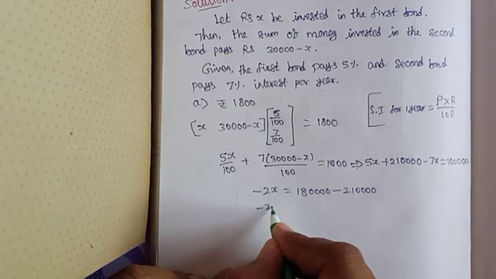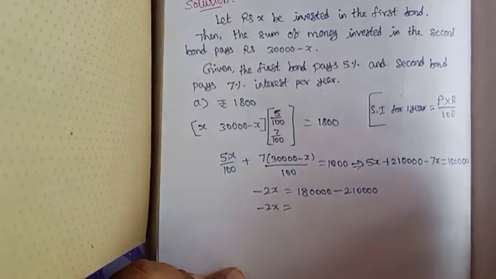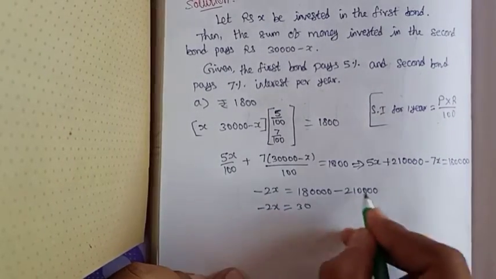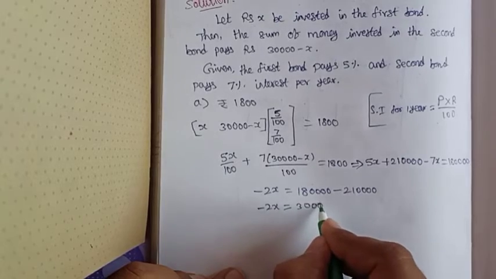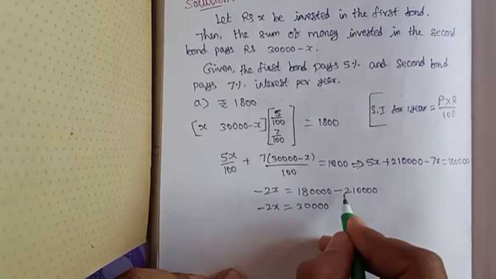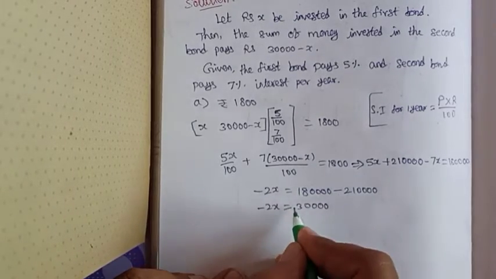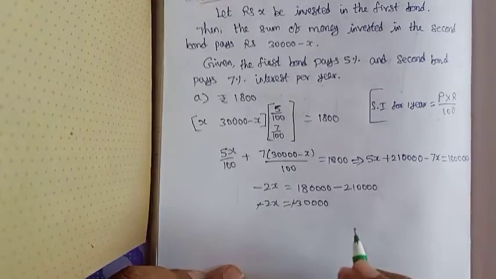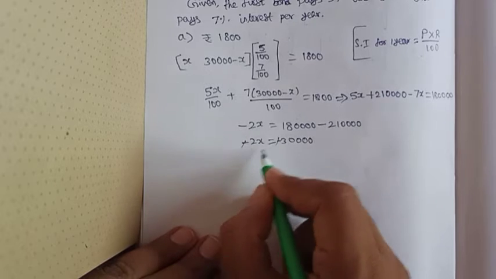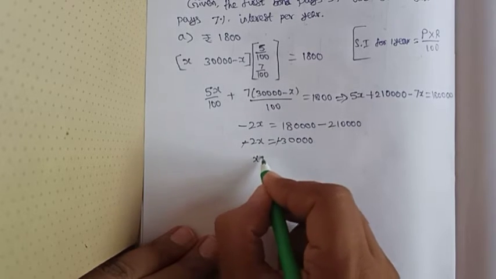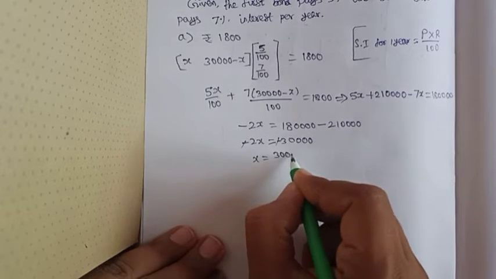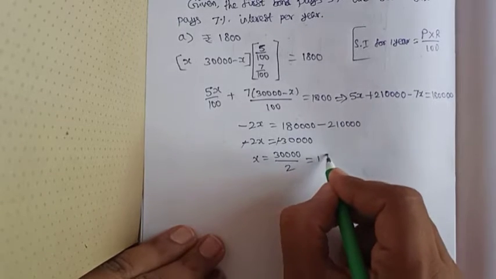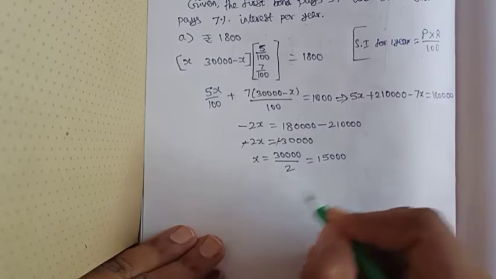So we get the value 30,000. The difference of these values is 30,000, and the bigger value is negative, so we get the minus sign. Both sides' signs cancel, and we need the x value. So x is equal to 30,000 divided by 2, which is 15,000.